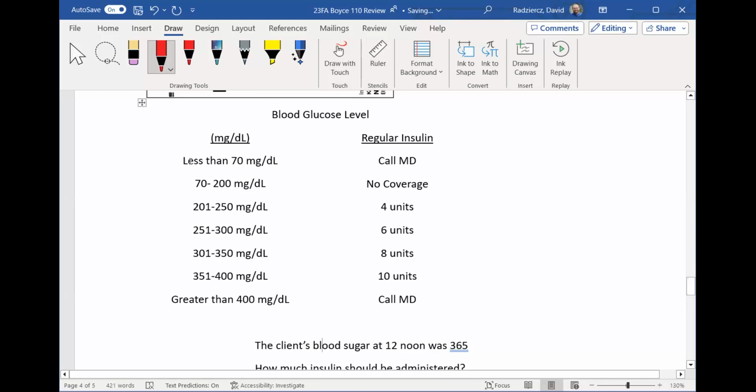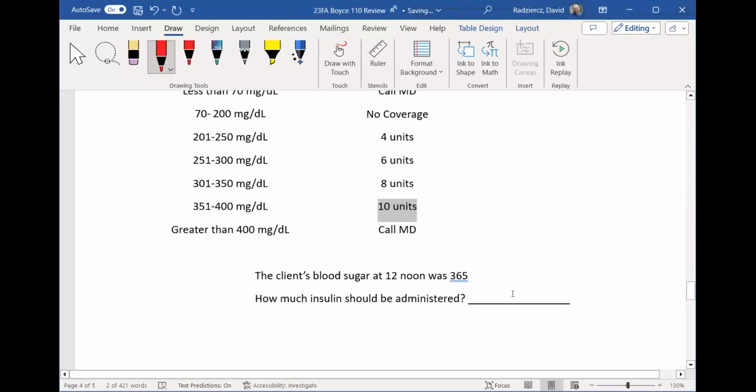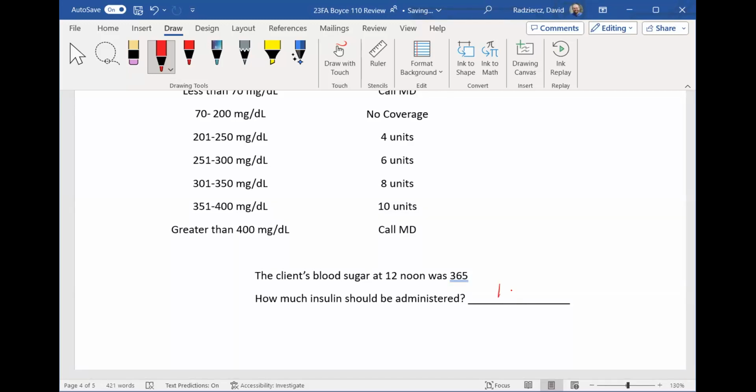Then I'm going to look at my different levels. So if it's less than 70, if it's 70 to 200, if it's 200 to 250, then we look for the 365 range. Notice it's way up here, right? So what are we going to do? We're going to give them 10 units of regular insulin. And that's what you would write in your answer here, is 10 units.